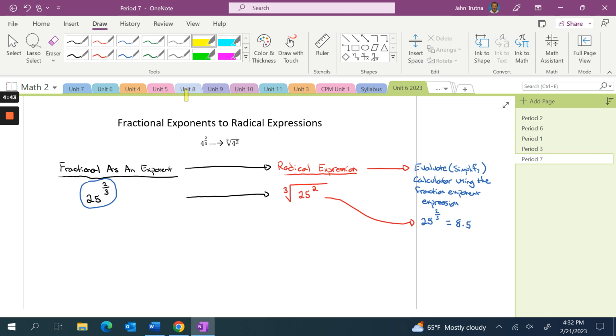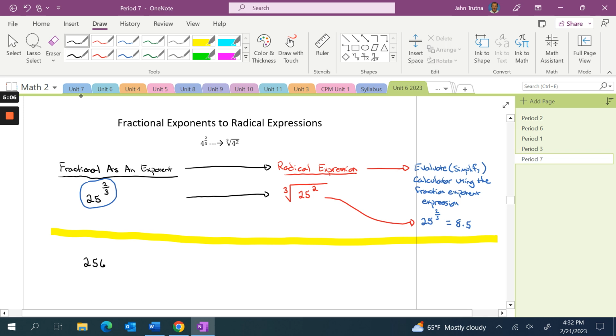Okay, that would be the first example of how to take a fraction that's an exponent and change it into a radical expression. Let's do another one. How about 256 with a fraction as an exponent of 3/4. The first thing I'm going to do is change this into radical form.